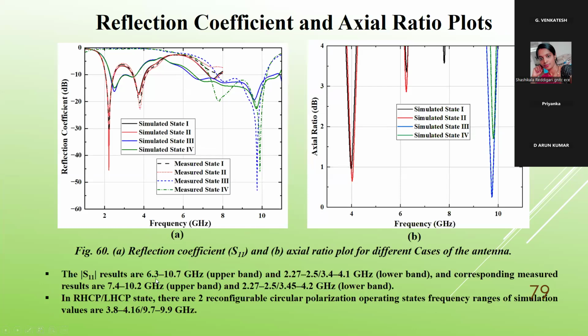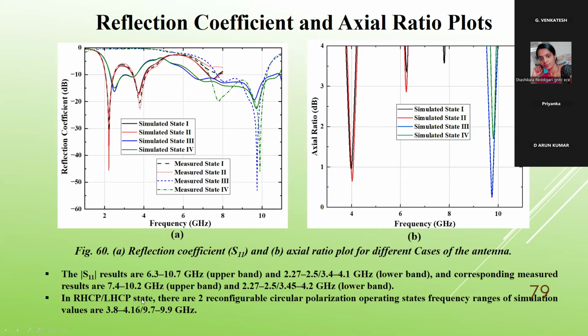Coming to the reflection coefficient and axial ratio for simulated and measured results for 4 cases. The S11 results show 6.3 to 10.7 gigahertz upper band, and 2.27 to 2.5 and 3.4 to 4.1 are the lower band. The measured results show 7.4 and 10.2 gigahertz upper band, again 2.27 to 2.5 and 3.45 to 4.2 as the lower band. Some overlapping is there in the band.